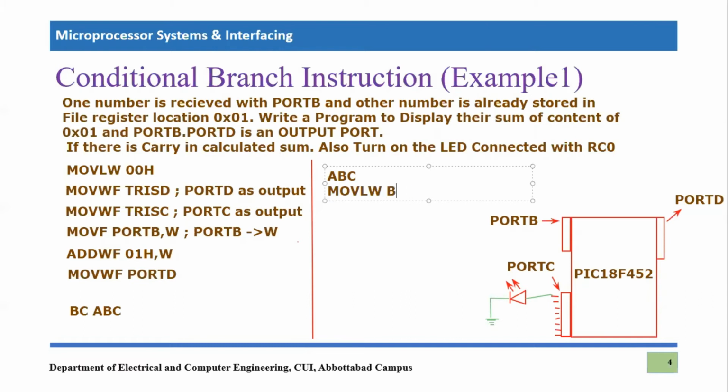Let me write it in binary: 00000001. So only the least significant bit, the zeroth position bit, is high and the rest of the bits are zeros.